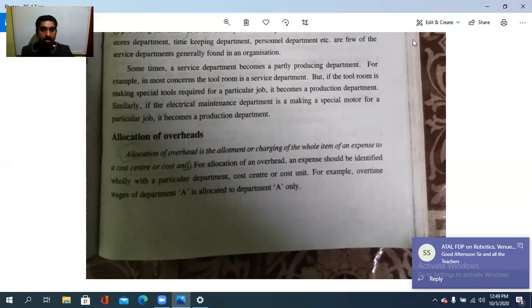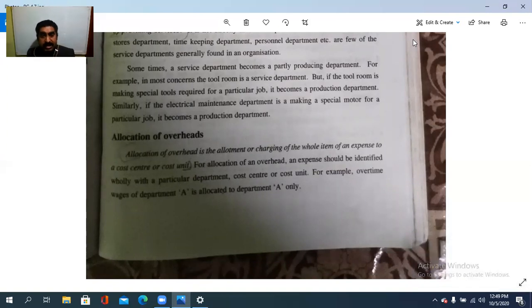So allotment or charging of the whole item of an expense. Allocation means charging the whole item of an expense to a cost center or a cost unit. For example, in the example it is mentioned that overtime wages of department A should be charged to department A only, not B. If it is allocated to a particular department, that department must take it up and bear it.